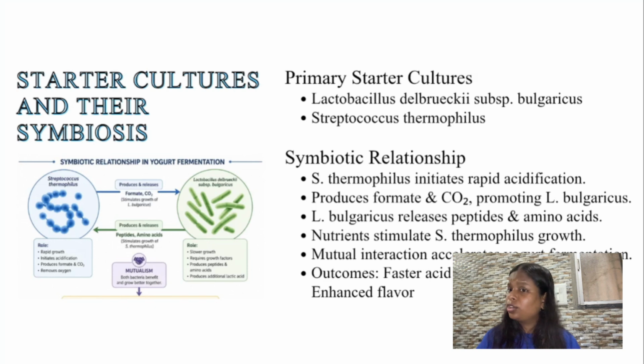In return, Lactobacillus bulgaricus breaks down milk protein into peptides and amino acids, which provide nutrients that further support the growth of Streptococcus thermophilus. This mutual cooperation accelerates fermentation, improves flavor development, and results in high quality yogurt.